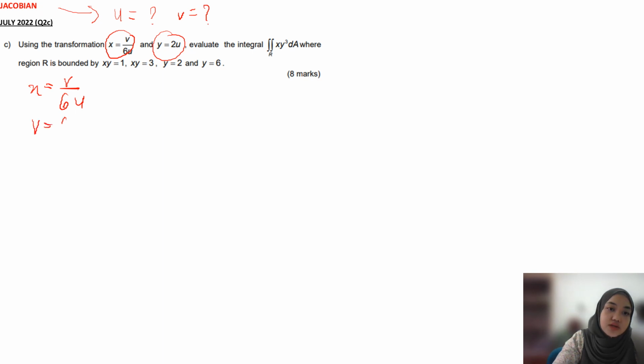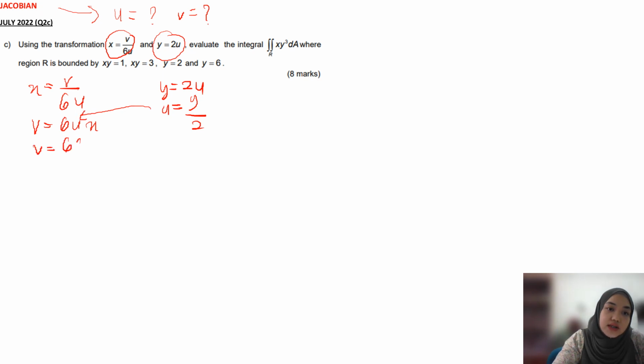V equals 6ux. Then y equals 2u, so u equals y over 2. So u is y over 2, and we can substitute it here.